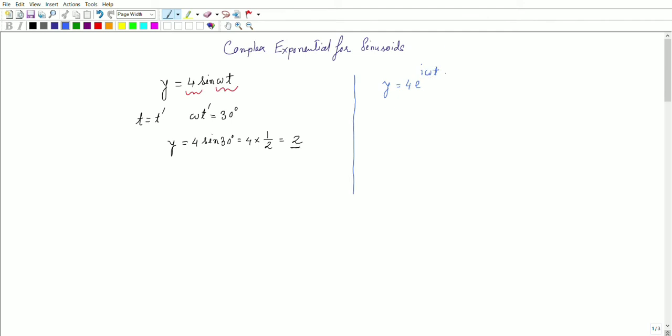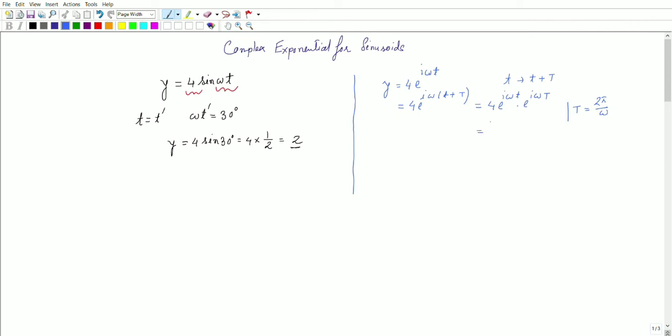We can prove this by putting t plus the time period instead of t. We obtain 4 e to the power i omega t into e to the power i omega T, and T is twice pi by omega, that is the time period.